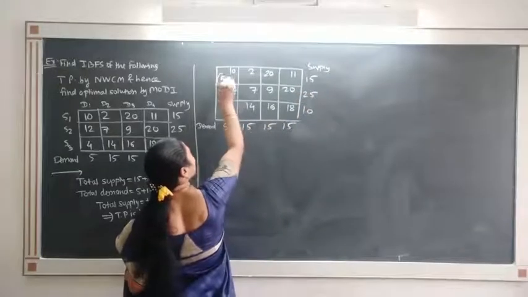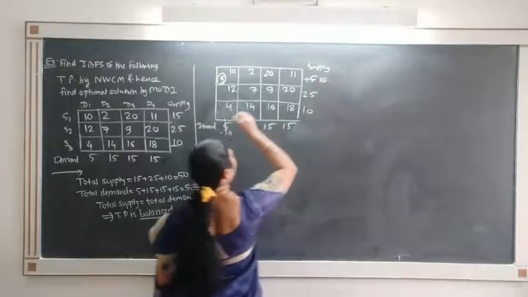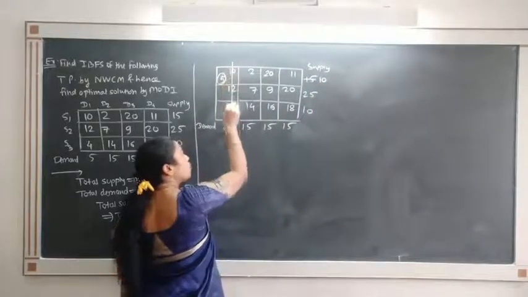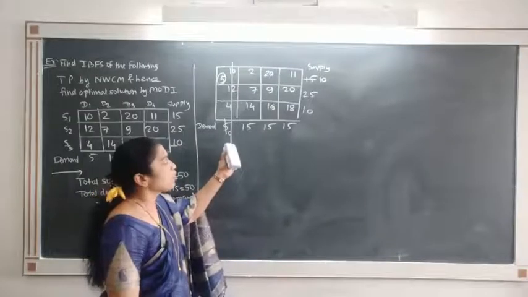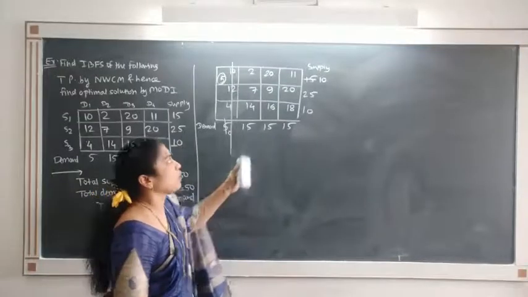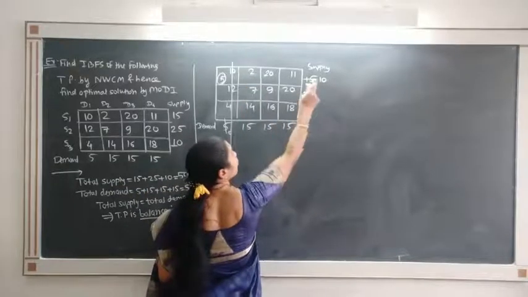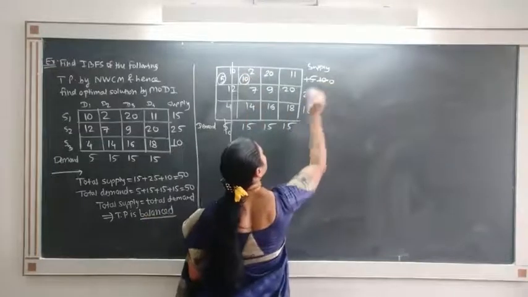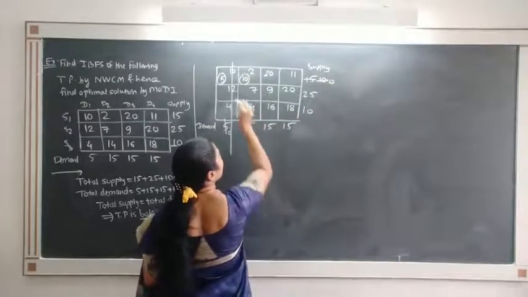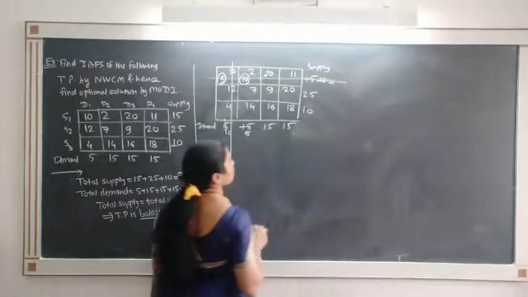So allocate 5, demand becomes 0, supply remains 10. As the demand gets 0, this column is crossed off. We move to the next column. In this cell, we allocate the minimum of 10 and 15, that is 10, supply becomes 0, demand remains 5. As the supply becomes 0, the row is crossed off.